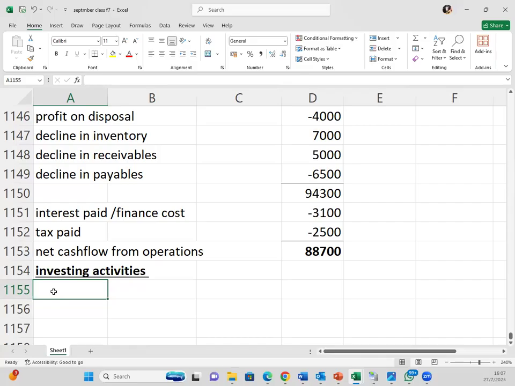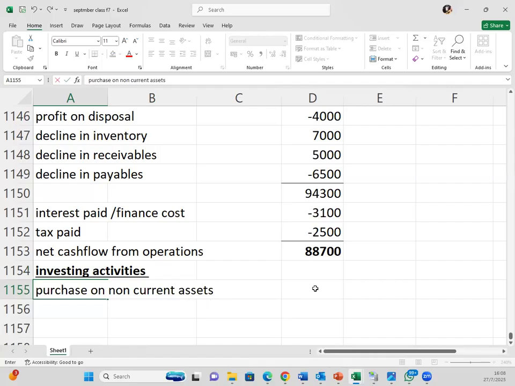So for the cash flow from investing activities, we can start with the purchase of non-current assets. If we acquire non-current assets, it's going to result in a cash outflow. If we buy non-current assets, that's cash outflow. Let's assume 21,000 there.